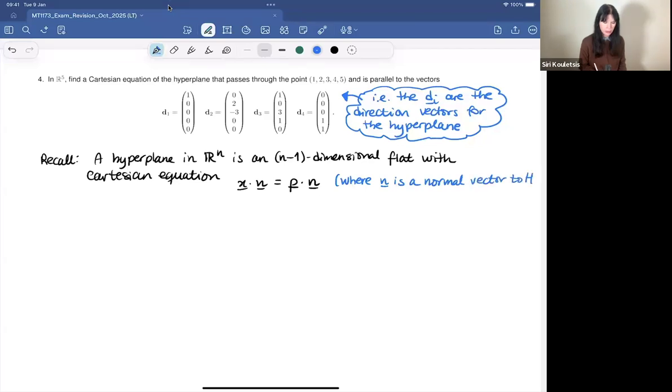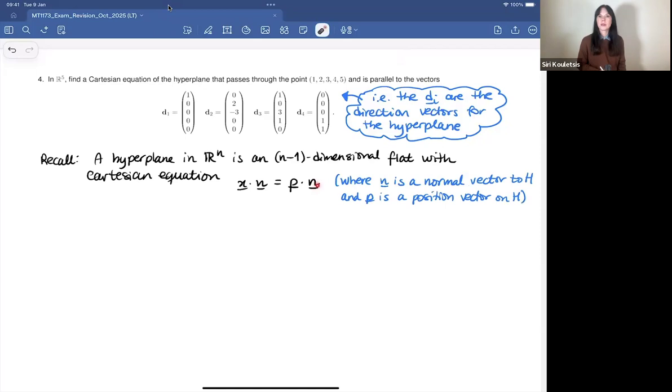I'm just going to call the hyperplane H here. And so this is what we are looking for.